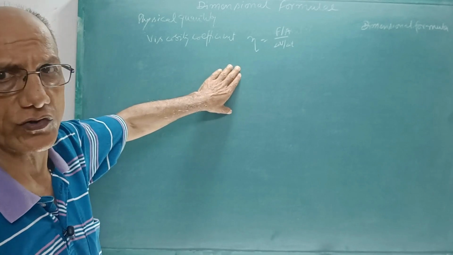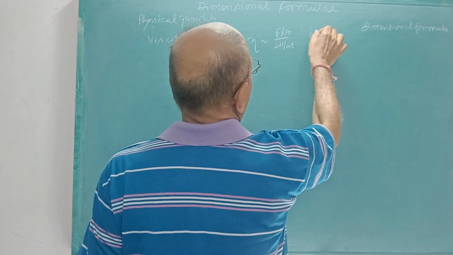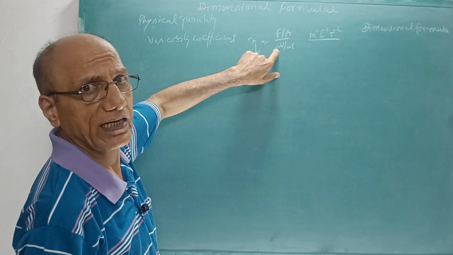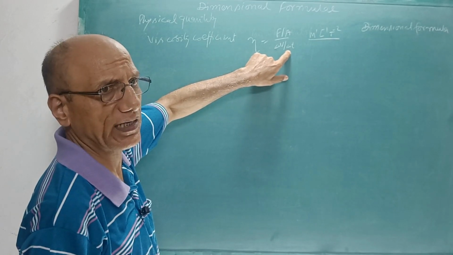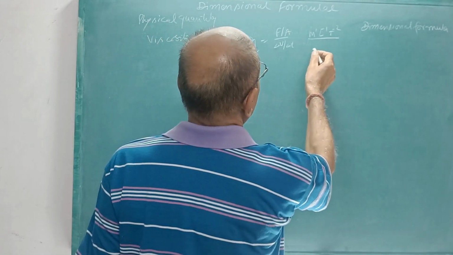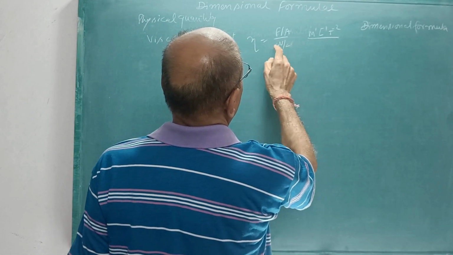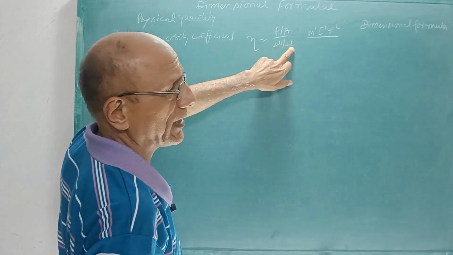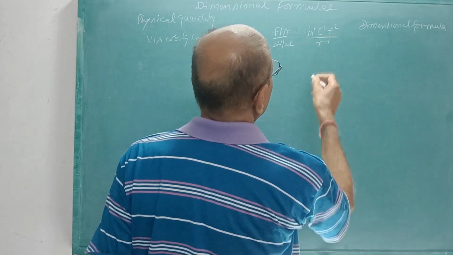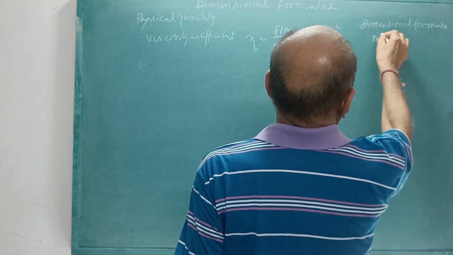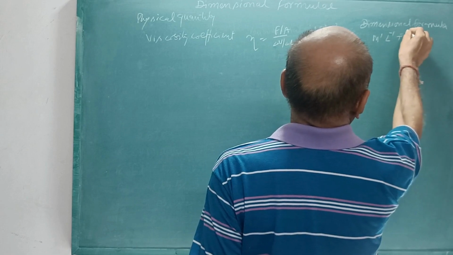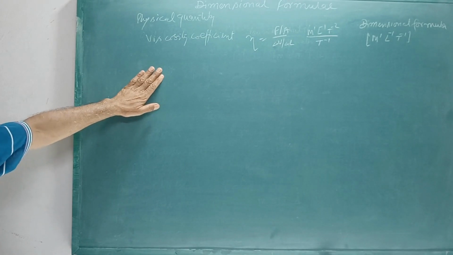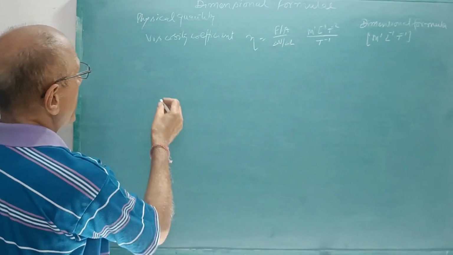That means force upon area is M1 L minus 1 T minus 2 and velocity gradient is L T minus 1 divided by L, delta V by delta L or delta X. So L upon T upon L is T minus 1 only. So here we get M1 L minus 1 and T minus 1 is the dimensional formula for viscosity.